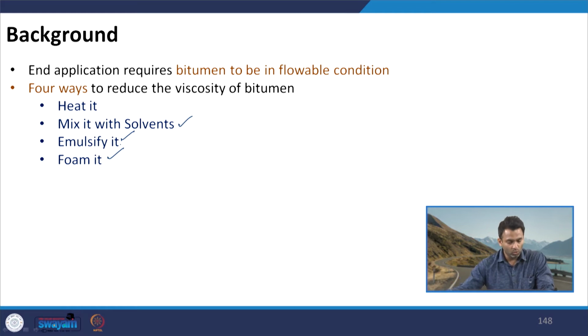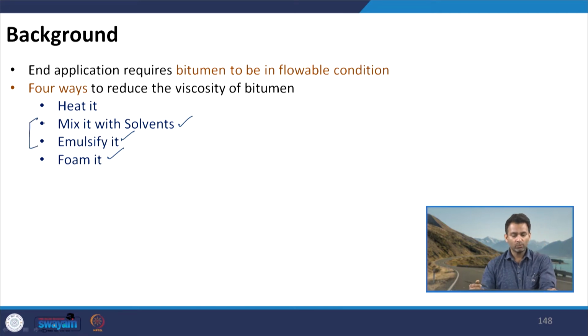Foaming technology is becoming very common in the area of producing bituminous mixtures, though we are not going to discuss foamed bitumen much here. Probably in another module, when we talk about several alternative technologies, I will touch upon foamed bitumen technology as well. Today we will be discussing these two points.